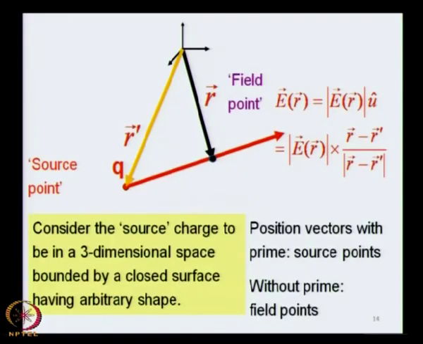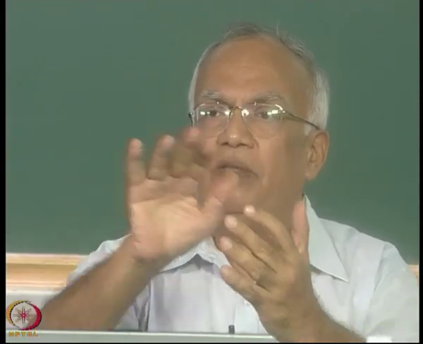This surface may have any shape, it must be a closed surface. If the charge is somewhere over here, then around it I would take a surface, it could have any irregularities, but it must be a closed surface, so that in this closed surface the charge q resides. This is the mathematical idea of a certain surface which encloses the charge q.